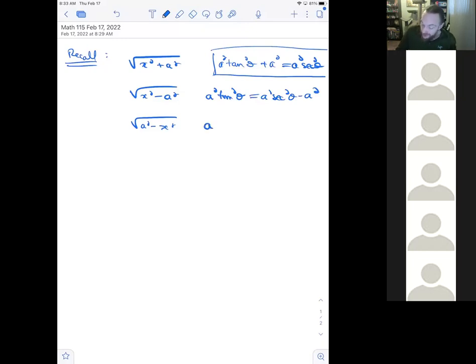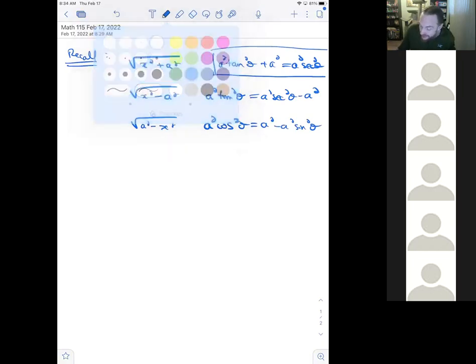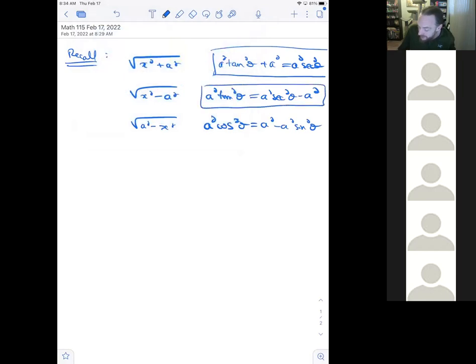And then in this one, we're going to have a squared cos squared theta equal to a squared minus a squared sine squared theta. That's what I'm really trying to see every time: the slightly altered, for our purposes, Pythagorean identities for each of these cases.